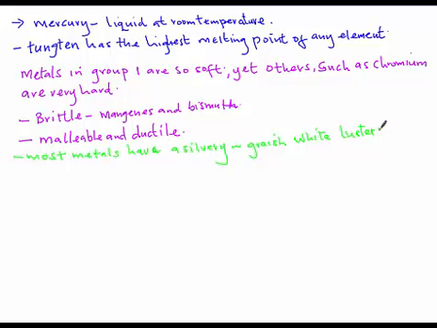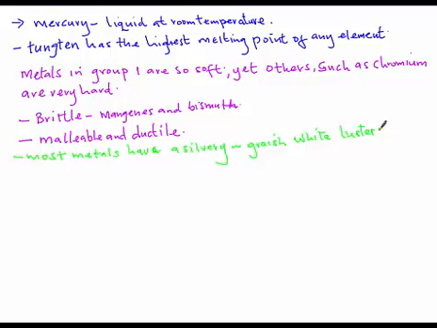That is, they are normally shiny, but copper and gold are reddish brown and yellow respectively. So copper has a characteristic reddish color and a metallic luster.